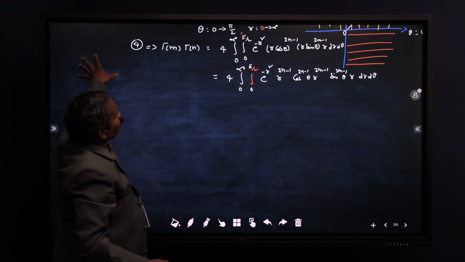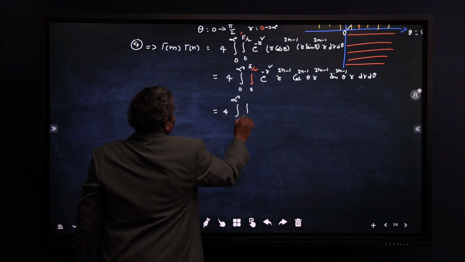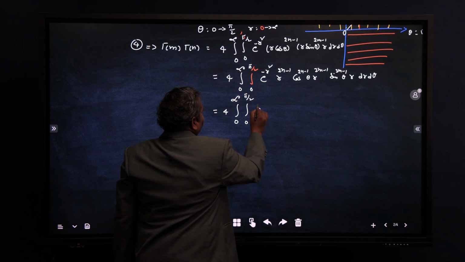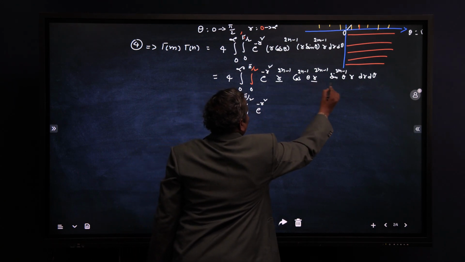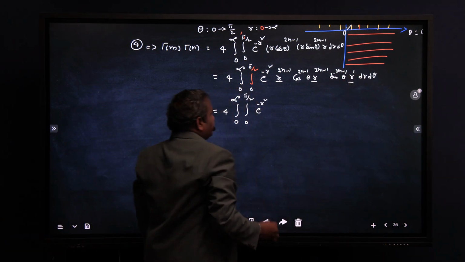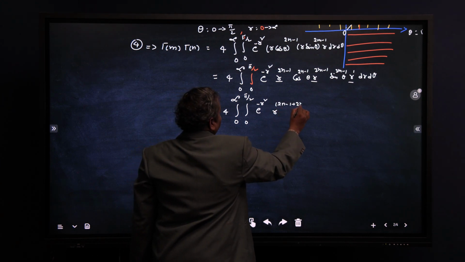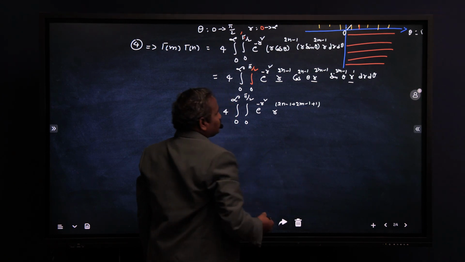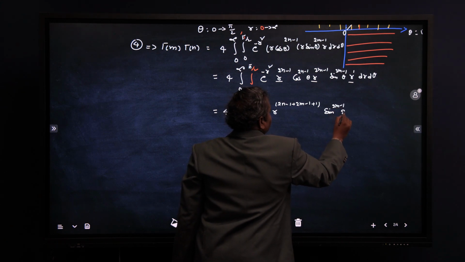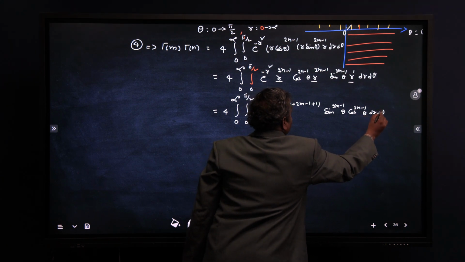Now we simplify this. It can be written as integral 0 to infinity, 0 to pi by 2, e power minus r square. Here we have r power 2n minus 1, r power 2m minus 1, and r power 1. The bases are equal, so the powers should be added: r power 2n minus 1 plus 2m minus 1 plus 1, sin power 2m minus 1 theta, remaining cos power 2n minus 1 theta dr d theta.